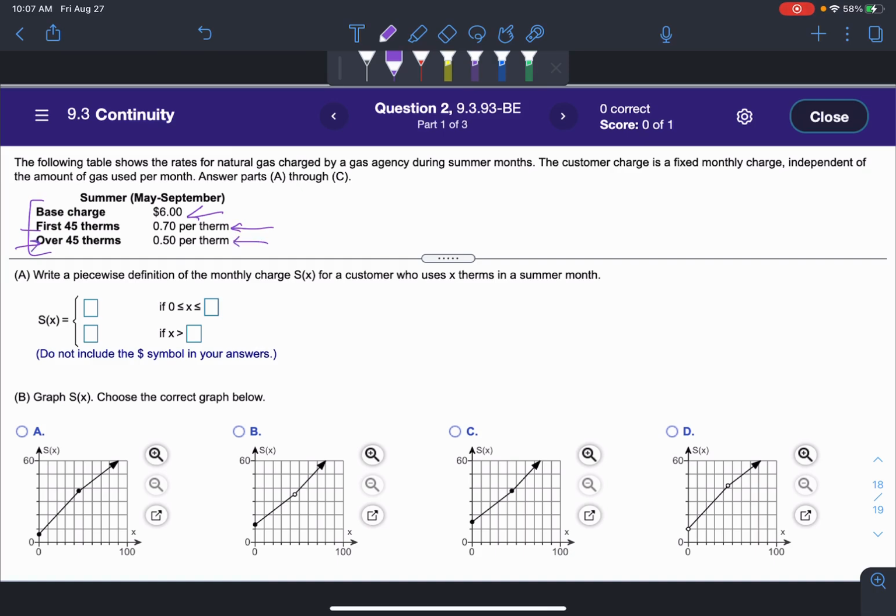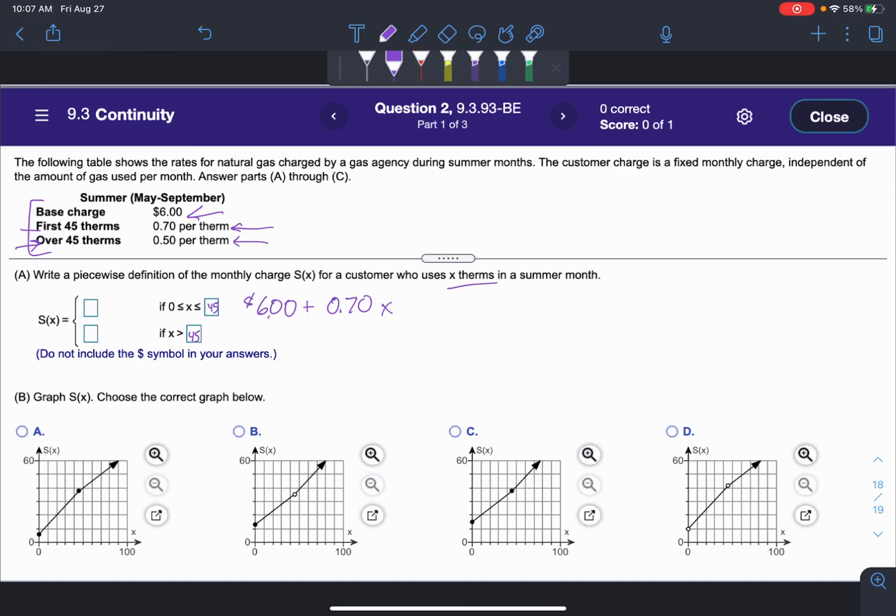So that's why we want this 45 here, because we have these different conditions based on how many therms you have. Okay, so the base price is something that you get charged no matter how many therms, right? And then you need to add on the amount per therm. So that's 0.70 times therm, which is x.